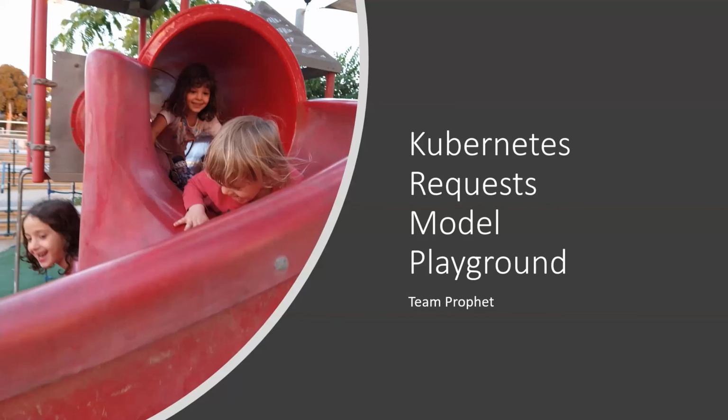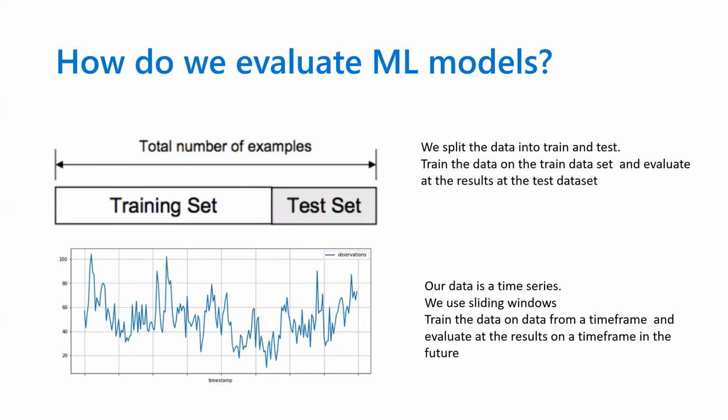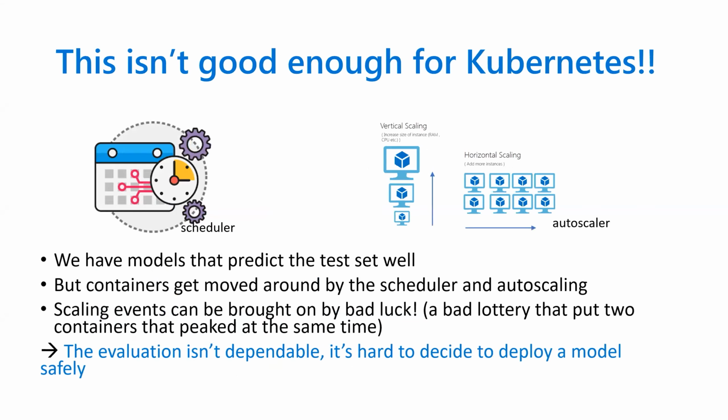This is where the Kubernetes request model playground comes in handy, because normally when we evaluate our models, we use a train-test approach, and here we're talking about time series. So we would split the data into historical data and test it on the future data. And if we want to be robust, then we would use k-fold, so you can use a sliding window. But this setting is not good enough for Kubernetes.